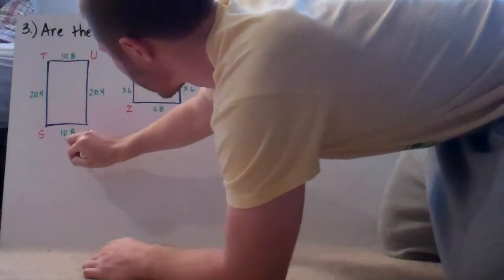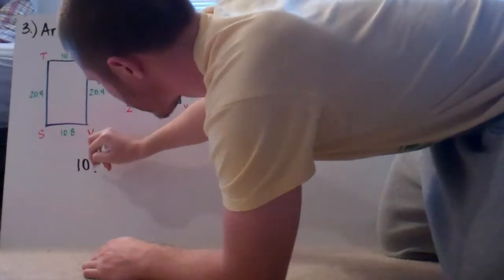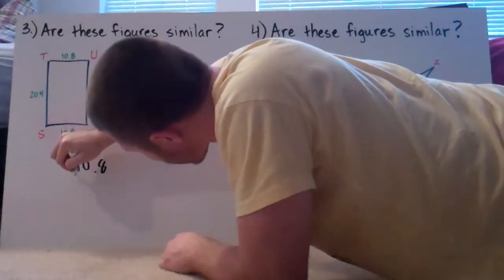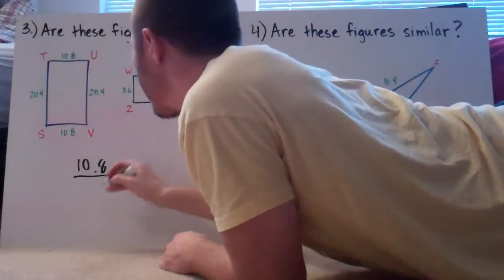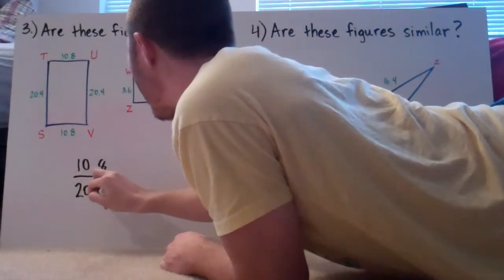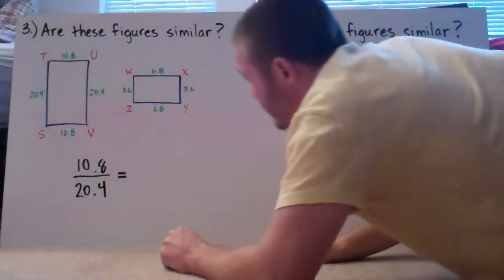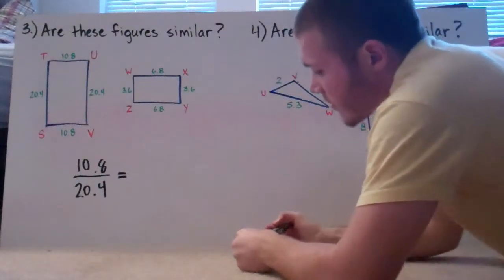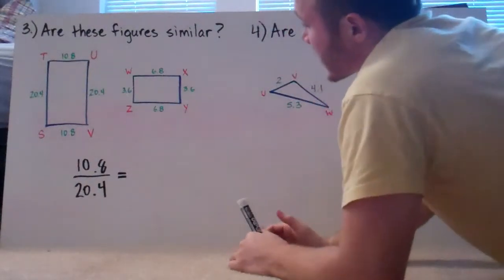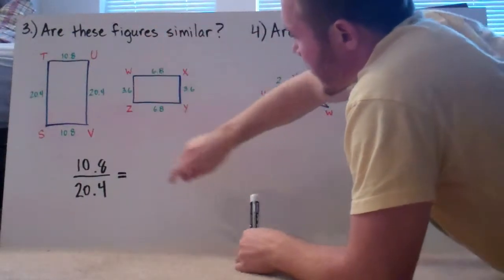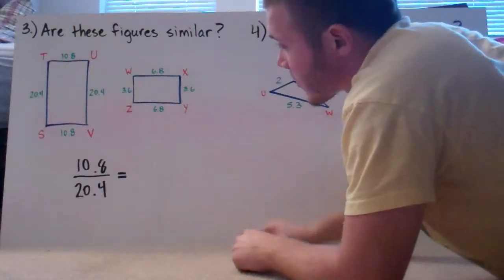Now I'll write this right here: 10.8 over 20.4 equals. And you notice this, guys, if you just turn this rectangle, that would mean that the 10.8 corresponds with the 3.6, right?